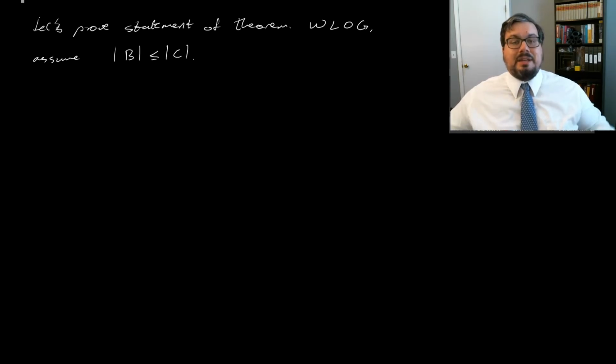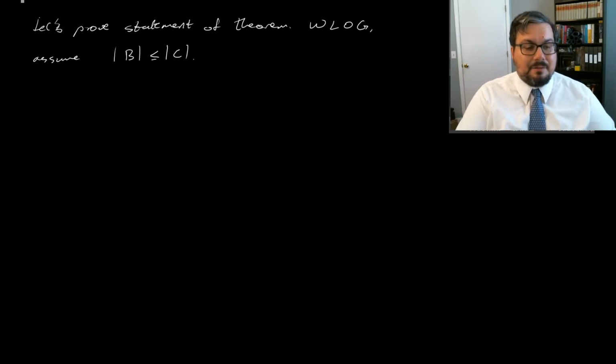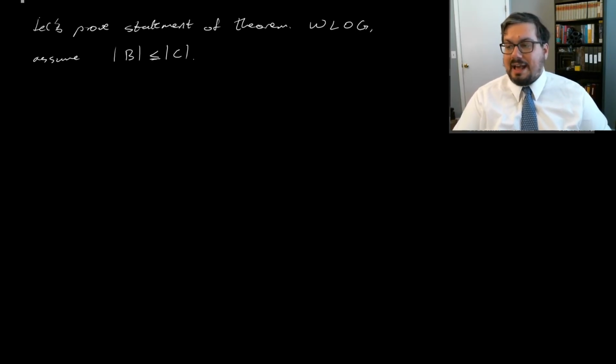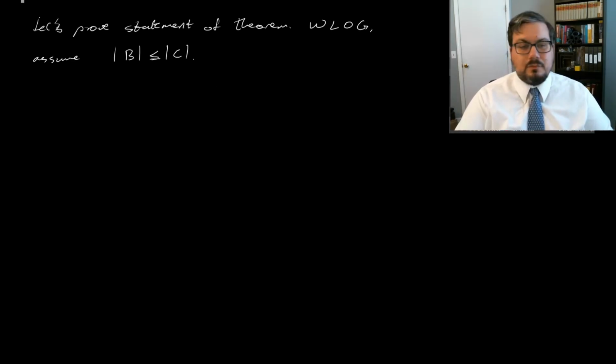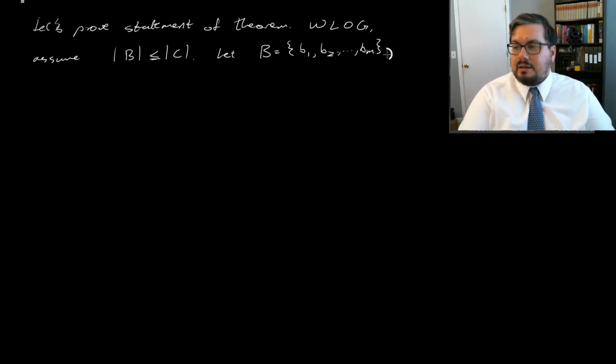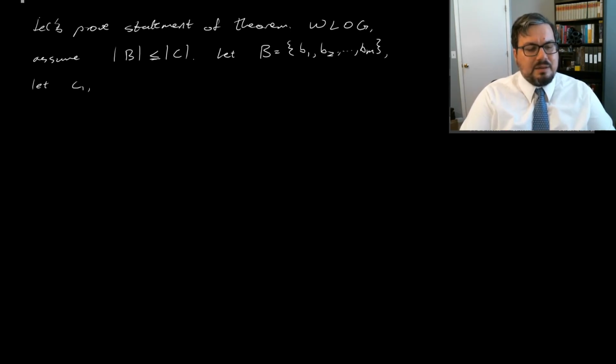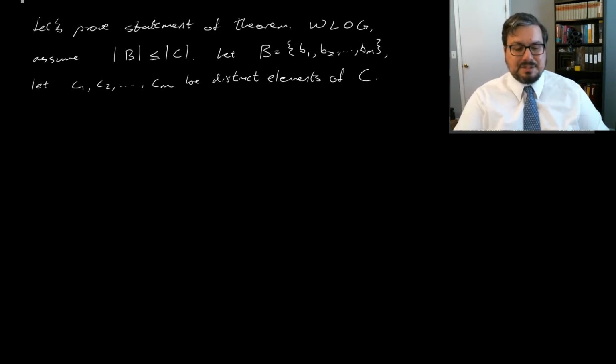If they're both finite, then we can simply switch the roles of B and C if necessary to make B have a cardinality no greater than that of C. So let's label the elements of B as B1, B2, up to Bm. And let C1, C2, up through Cm be distinct elements of C. We know that this is possible because C contains at least as many elements as B.